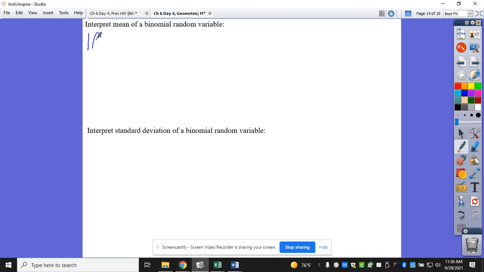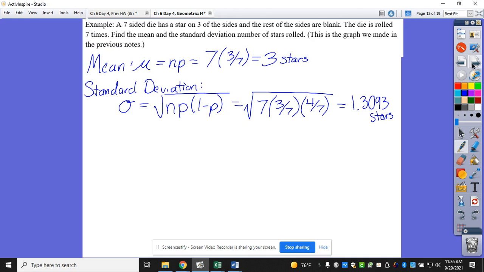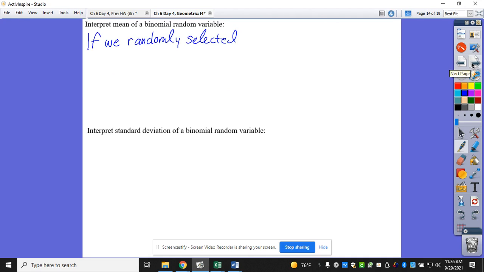I don't care if you write it that way. So if we randomly selected the experiment, and the experiment was the entire 7 rolls, whatever our total trials is, which in this case would be if we randomly selected 7 rolls of the die many times.